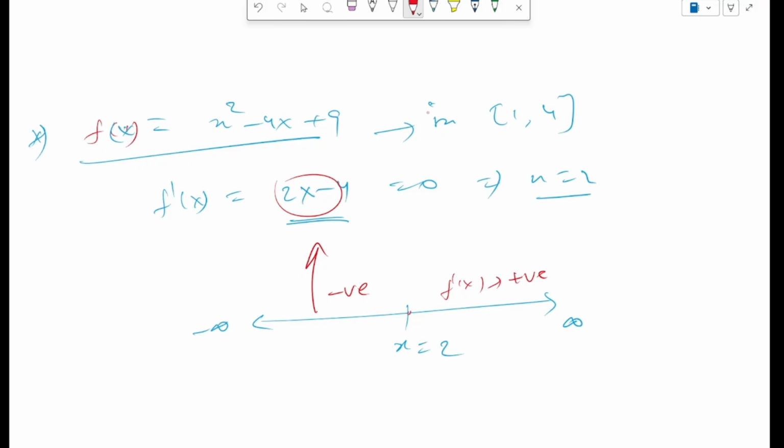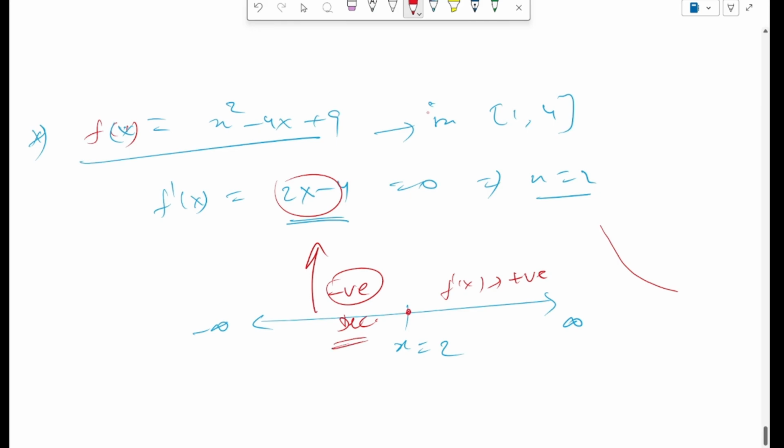So at x equal to 2, it is going from negative to positive. This is not the value of the function itself, it is the value of the derivative of the function. The derivative was negative in this region, that means the function was decreasing.